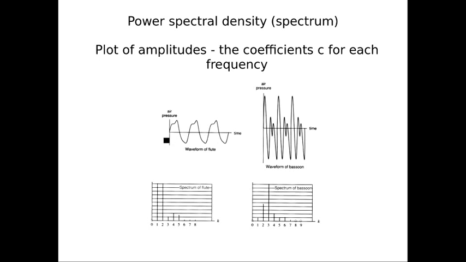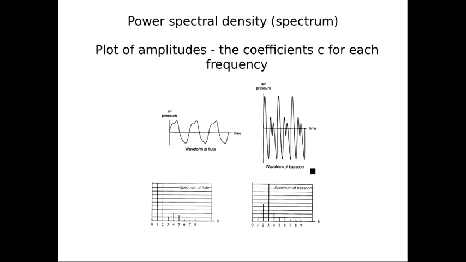So here's two examples. This is the waveform of a flute. You can see it's mostly one low dominant frequency with a few wiggles, and the spectrum reflects that. This is a discrete spectrum in this case, but you can see that there's strong low frequency components and a few higher frequency components.